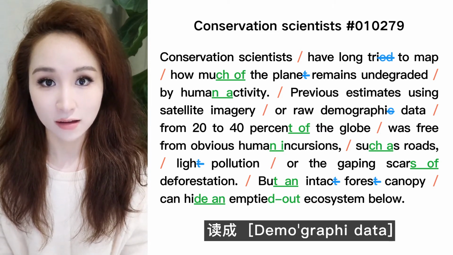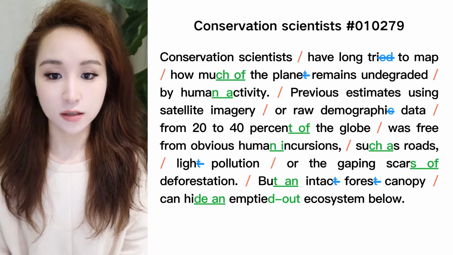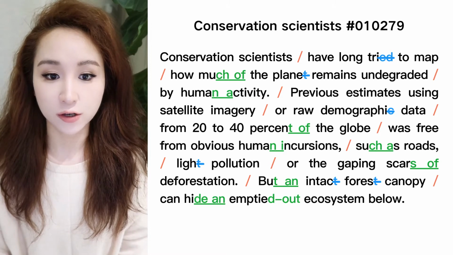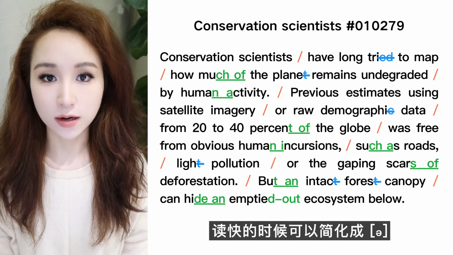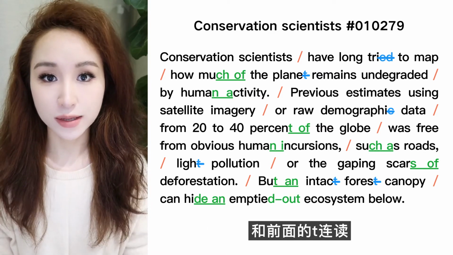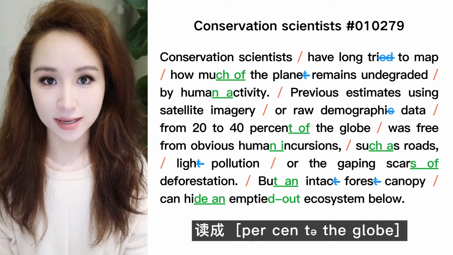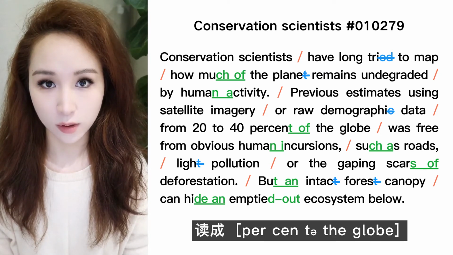Demographic data from 20 to 40% of the globe was free from obvious human incursions. Percent of the globe: again "of" can be simplified when spoken fast, the "a" links with the "t" before it. Percent of the globe.